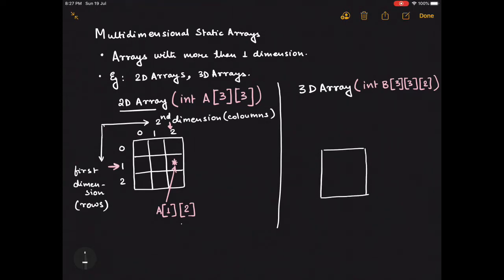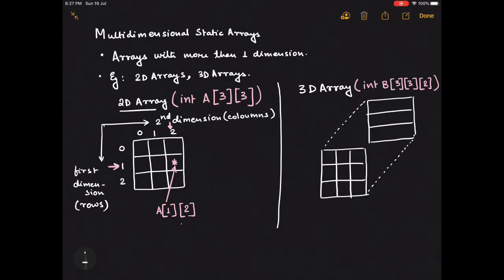Since we have 2 layers here, we are going to have 2 3x3 matrices, or 2 3x3 2-dimensional arrays, and we will number each of these layers as 0, 1, 2, up to n, where n indicates the total number of layers in the array.